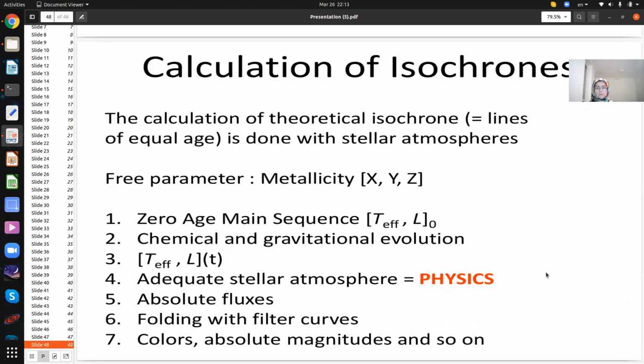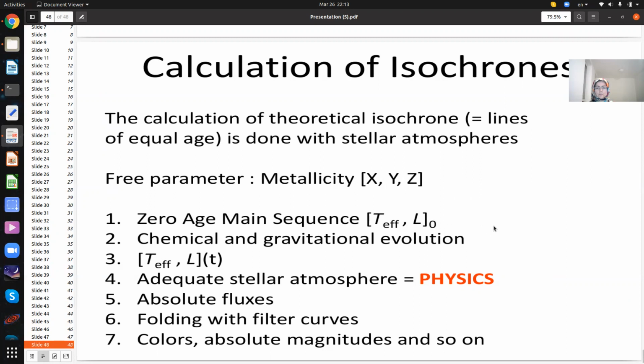And here we can calculate the isochrones. The calculation of theoretical isochrones, lines of equal age, is done with stellar atmospheres. Three parameters are the metallicity, X, Y, Z. You know, X is for hydrogen, Y is helium, and Z is for the other elements.